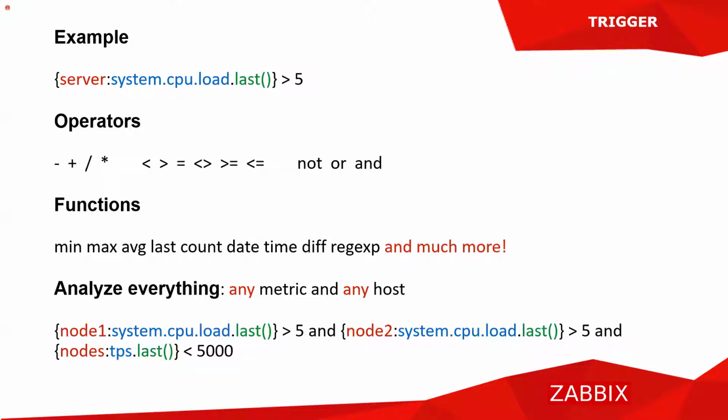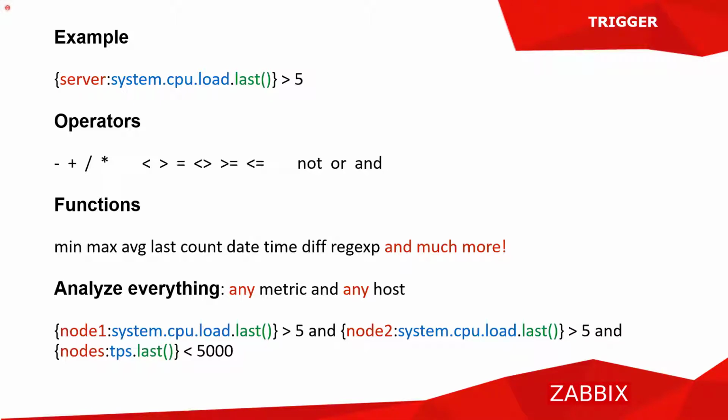There's a big list of what you can check with the help of triggers. And with triggers, you can analyze basically everything. You can analyze any metric from any host and even more. You can do that with one trigger, not just by creating multiple triggers.